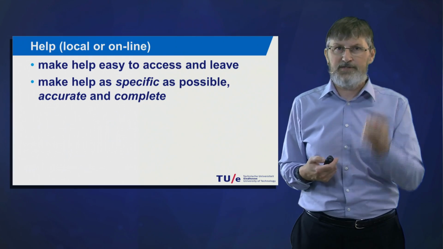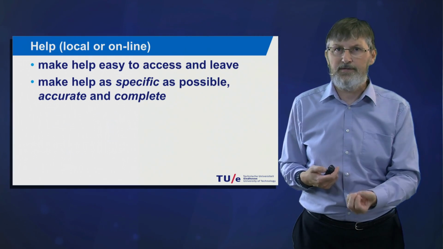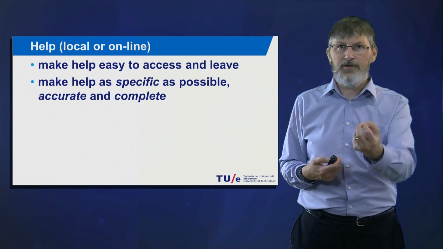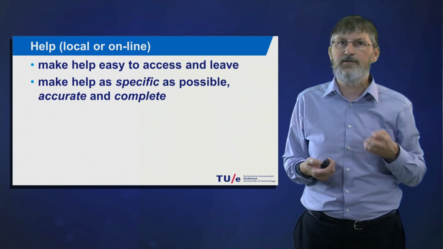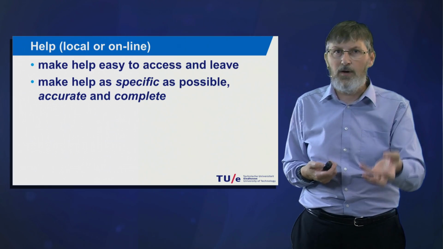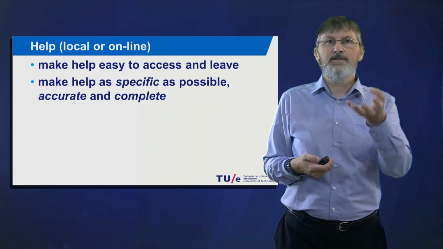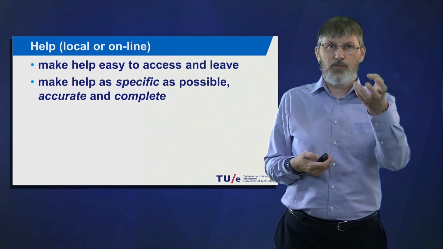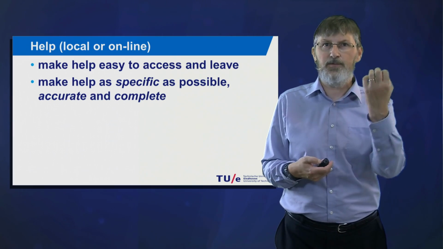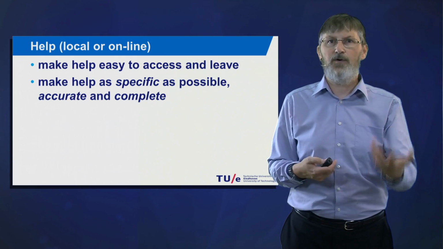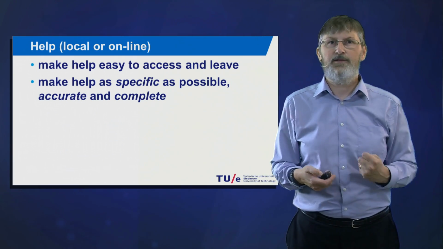Help should be specific, accurate, and complete. That is because when you ask for help, you are in a very specific situation that the system can know. And the help you get should really refer to that situation, and it should offer a complete solution for the problem that you have.